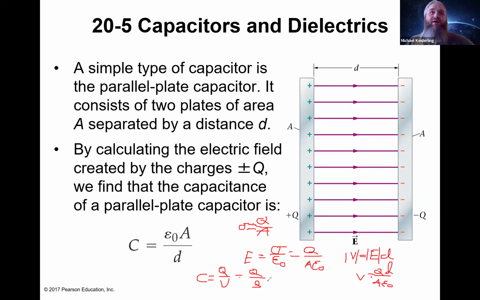QD over area epsilon naught. Q over QD over area epsilon naught. The Q's cancel, and you get this formula: epsilon naught area over distance. Any questions about that calculation before I clear it off the slides?